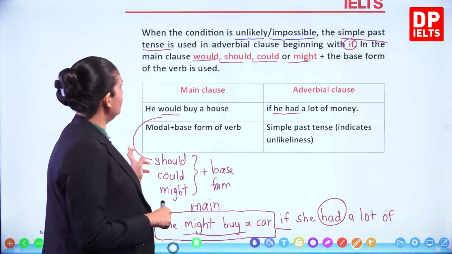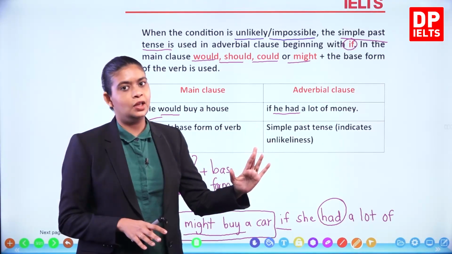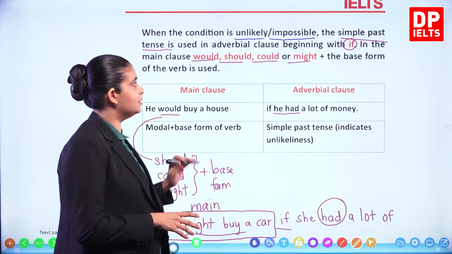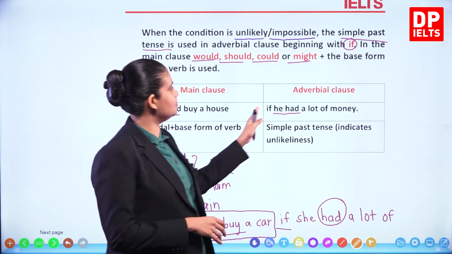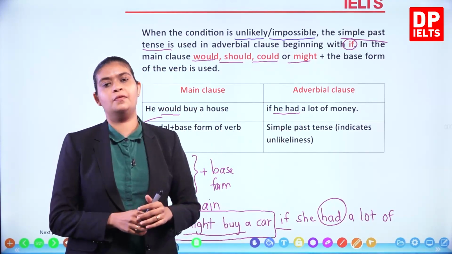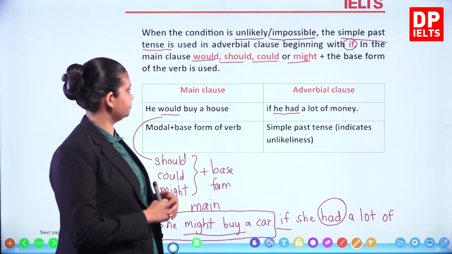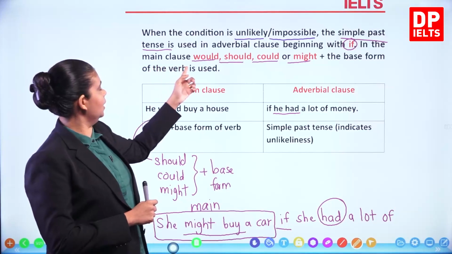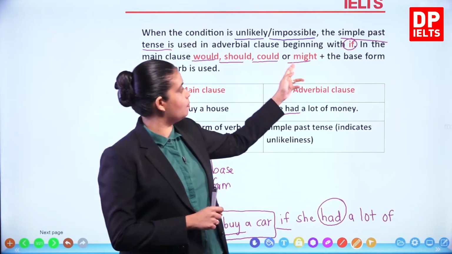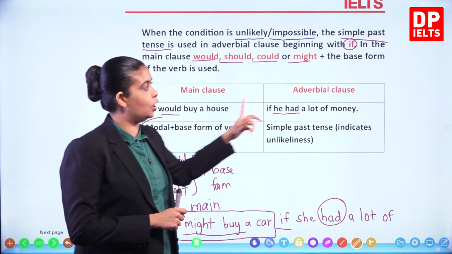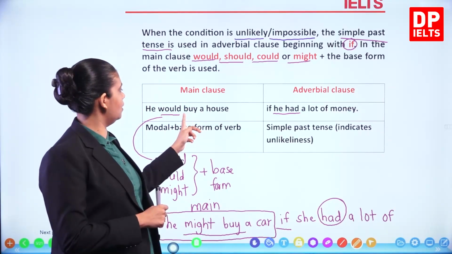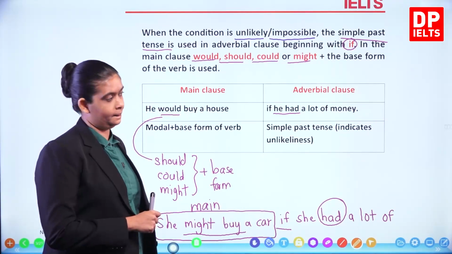The next rule is, if it is unlikely or impossible to happen, then you can use the simple past tense in the adverbial clause if it is beginning with if. In the main clause, would, should, could or might can come up along with the base form of the verb.